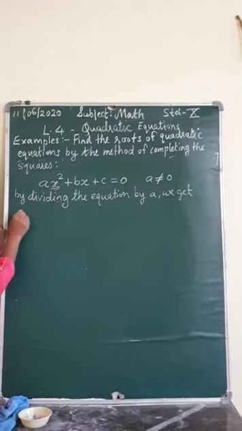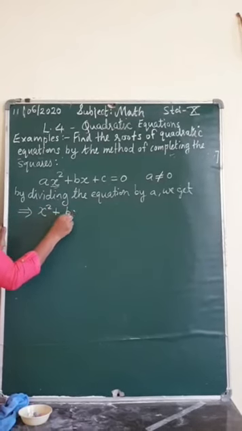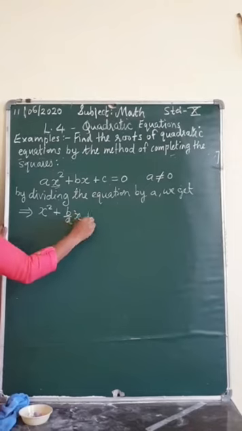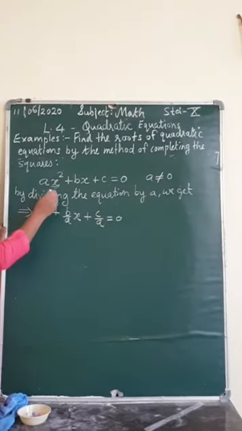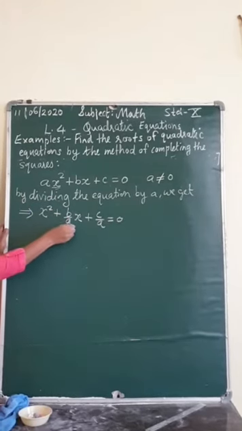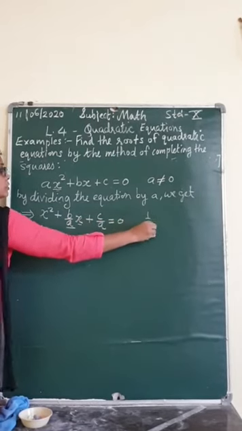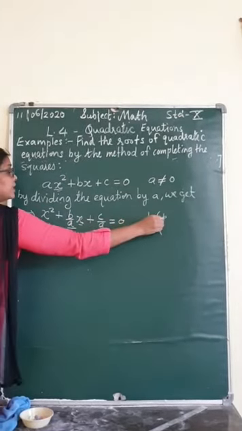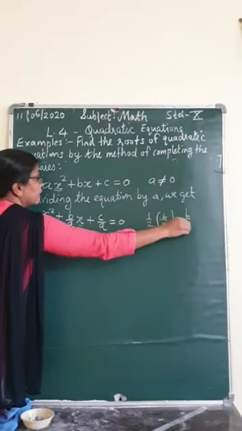So we get the form x square plus b upon a x plus c upon a is equal to 0. Now if you remember in the first example, whatever is the coefficient of x, make half of it. So half of it gives us b upon 2a.